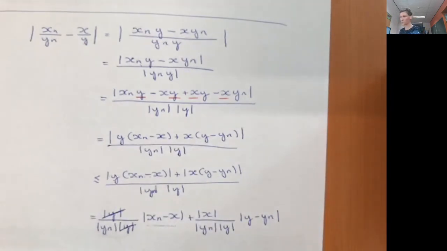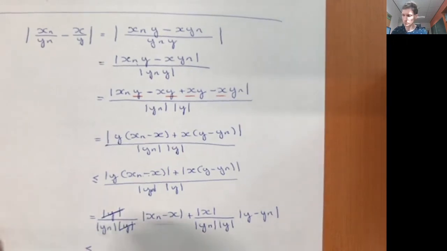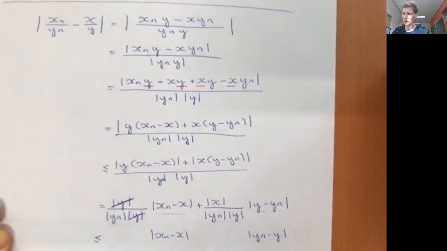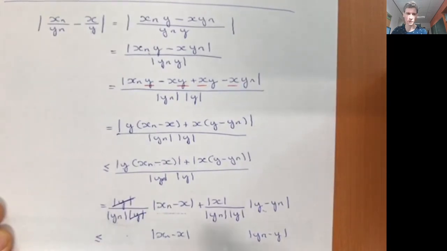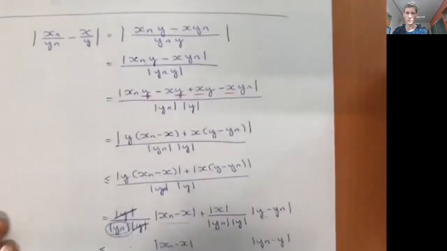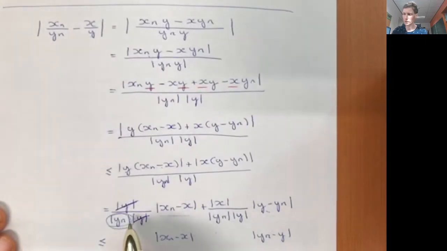We would like to make sure that this is less or equal to the absolute value of xn minus x, and here yn minus y, which is the same as y minus yn, with a fixed number here and a fixed number here. In order to get this inequality, we have to show that yn, at least from some n onwards, is bounded from below: not less or equal to some number, but greater or equal to some number.